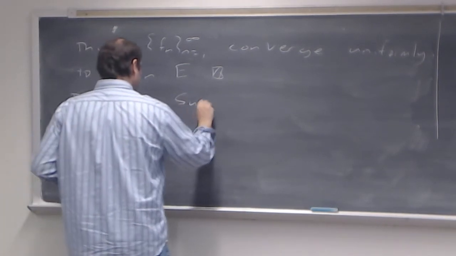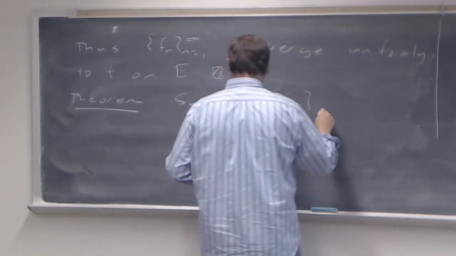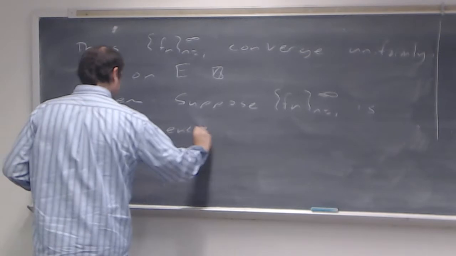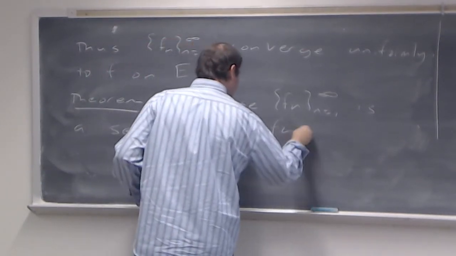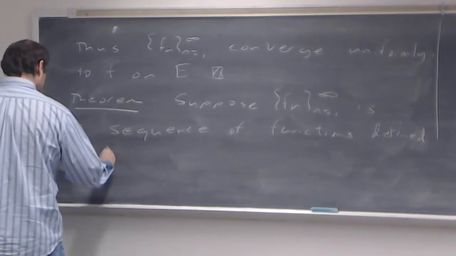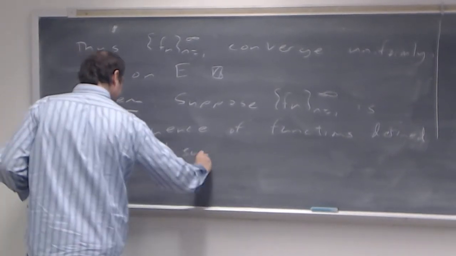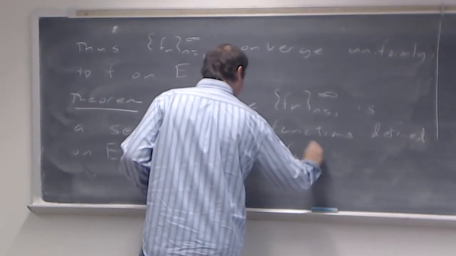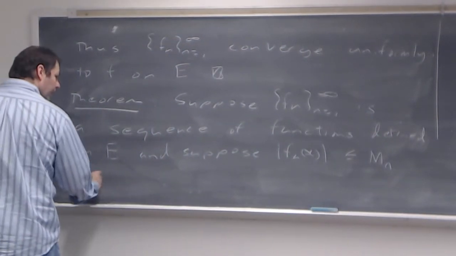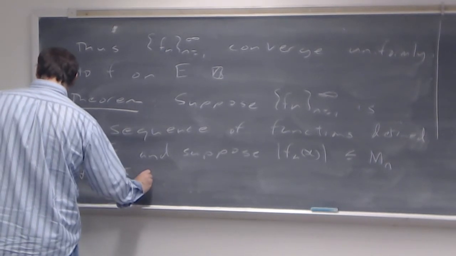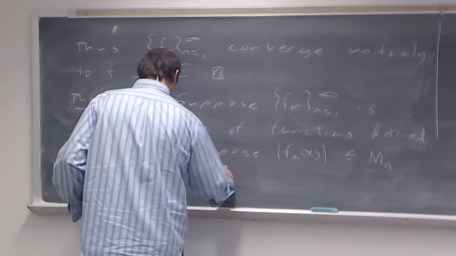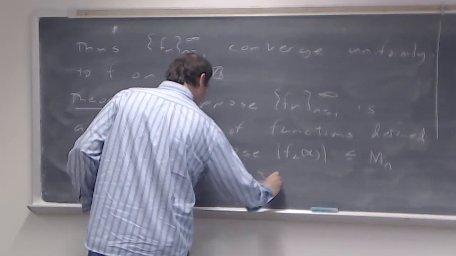So here, we're going to suppose that f sub n is a sequence of functions defined on E, and suppose the absolute value of f sub n of x is less than or equal to some m sub n for all x an element of E, and for n equal to 1, or 0 even if you start there, 2, 3, forever.